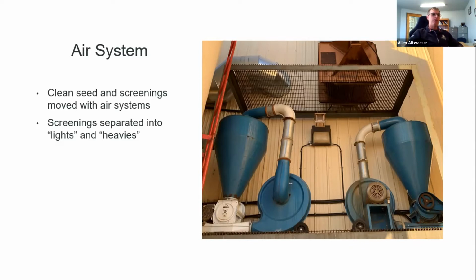The lights are generally sold for livestock feed. We try to limit as much as we can the good full-size kernels of seed going in there, and we can get that pretty accurate.